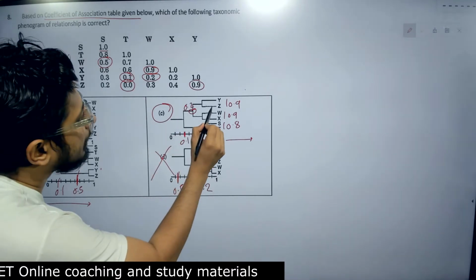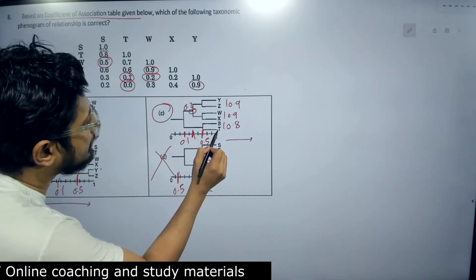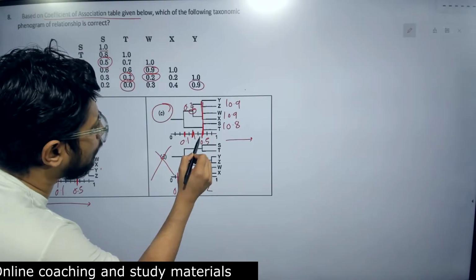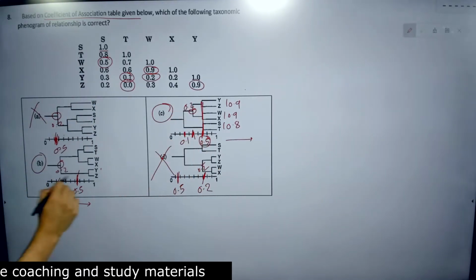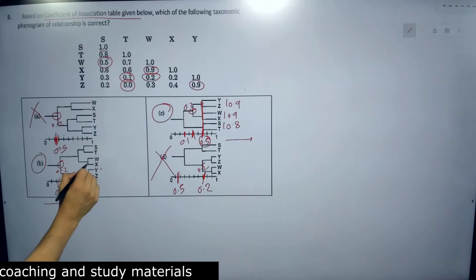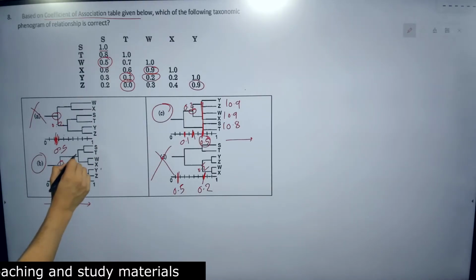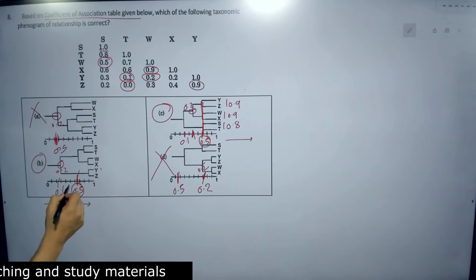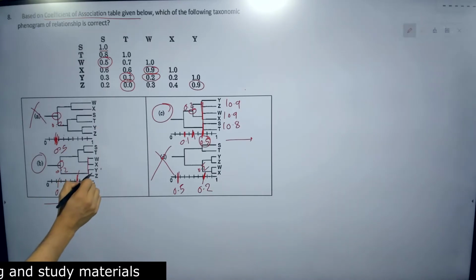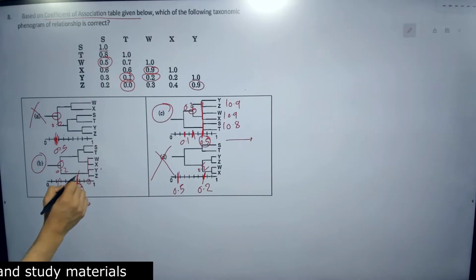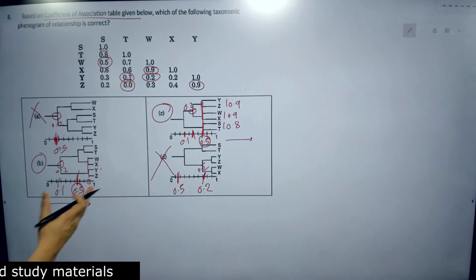It is stating that the YZ, WX and ST all are connected in this 0.5 place, or the timeline scale of 0.5, but in case of B, it is suggested that S and W or T and X, that one is little below, or W and Y, X and Y, W and Z, that was little right hand side in this time scale.